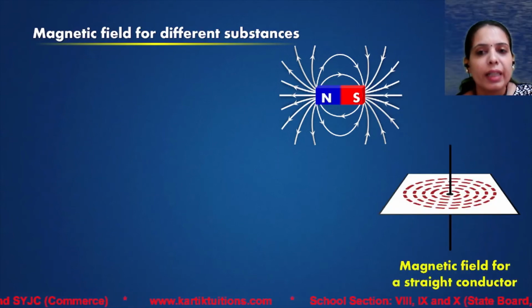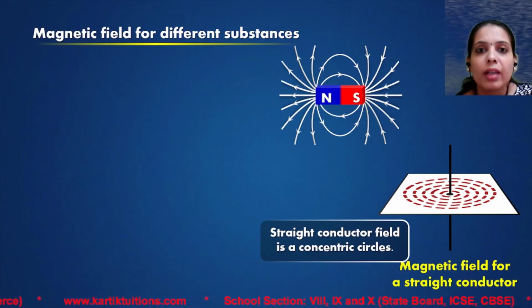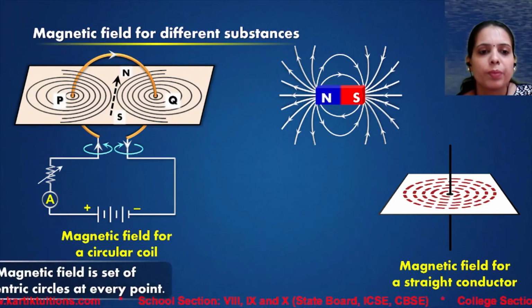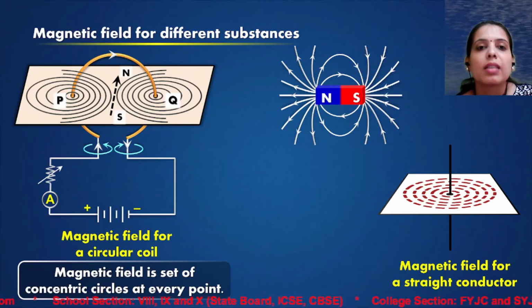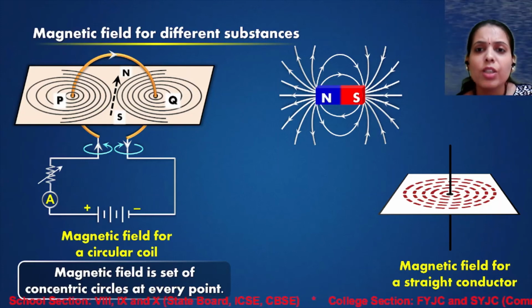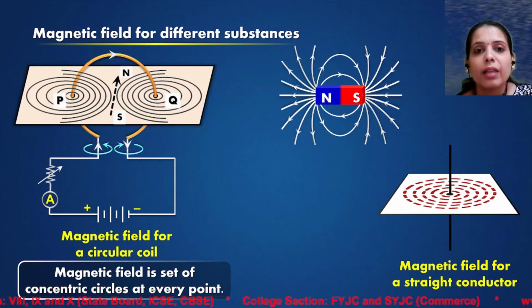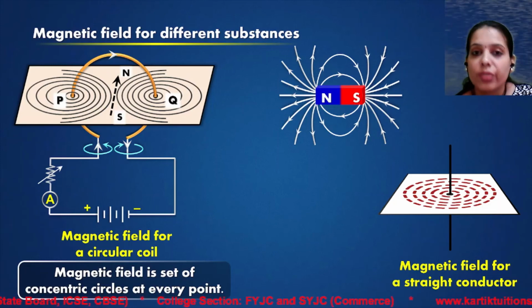In a straight current carrying conductor, it is formed in the form of concentric circles. And in a circular loop, it is again in the form of concentric circles at each point. These are the magnetic fields created for different sources like the bar magnet, the straight conductor and the circular loop.